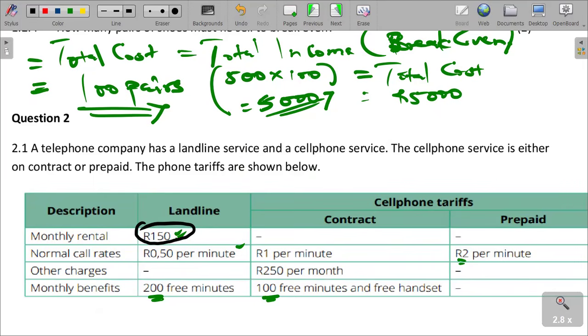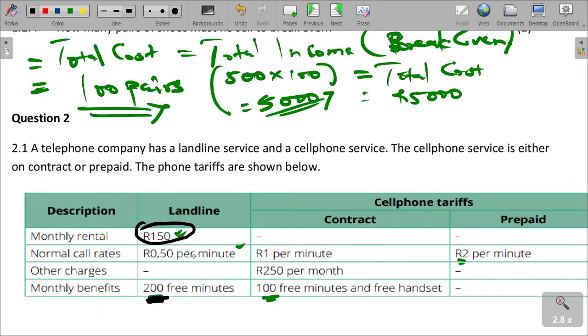So we say plus 50 cents multiplied by the number of minutes above 200 minutes. That is given here in the monthly benefits, 200 free minutes. So if it is 200 minutes, it doesn't charge, but if it goes above 200 minutes, that's when it charges.